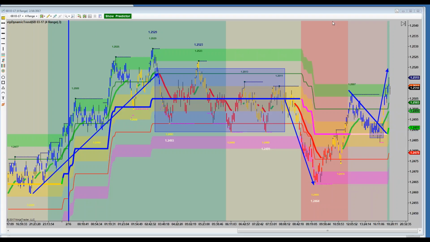Check the spreads. What else? Good. Check the volume. That's important. The spreads are good. Yeah, you've got to take a look at that.